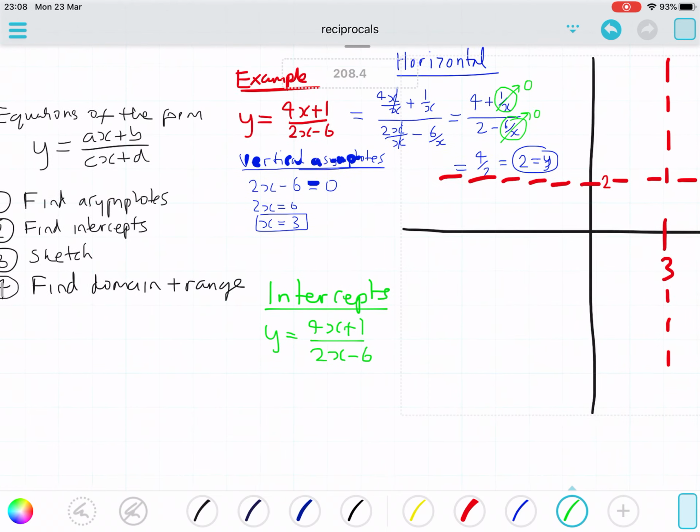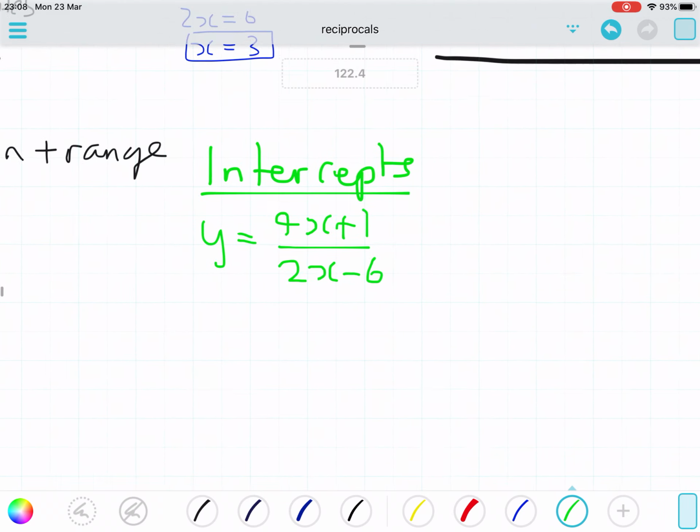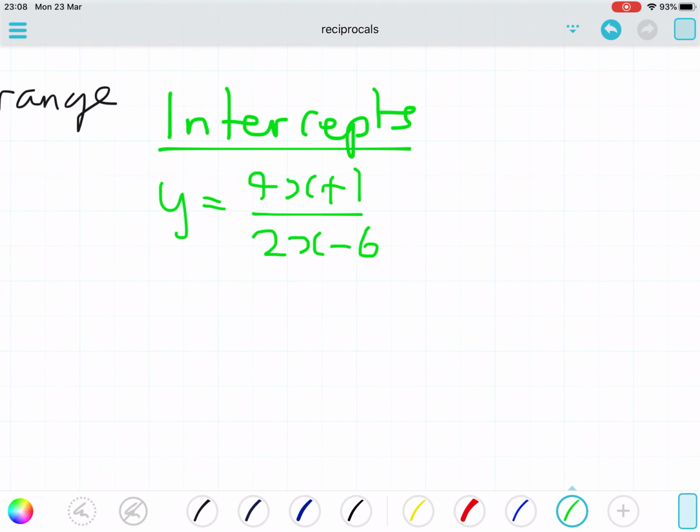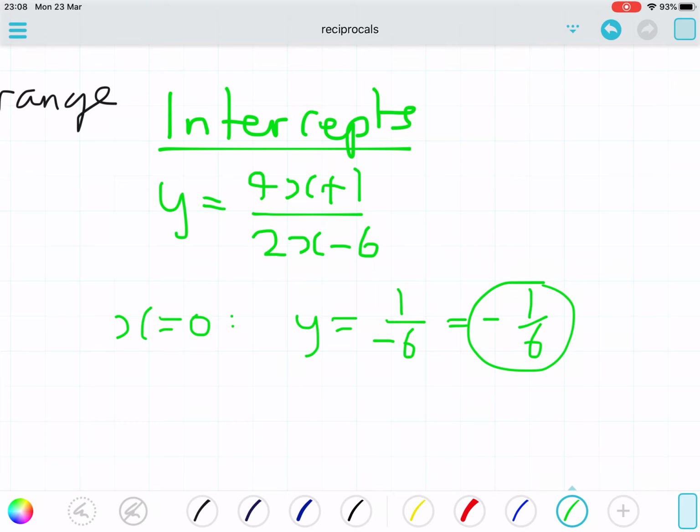What happens when x is 0? We get y equals 4 times 0, which is 0, plus 1 over 2 times 0, which is 0, minus 6. In other words, minus a sixth. So when x equals 0, y is minus a sixth.